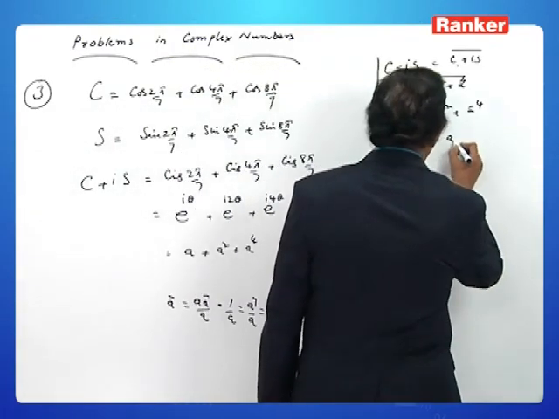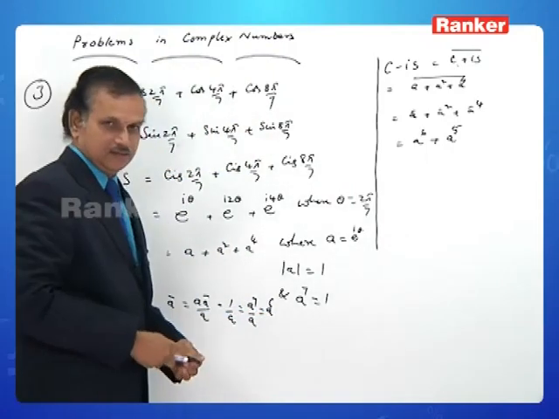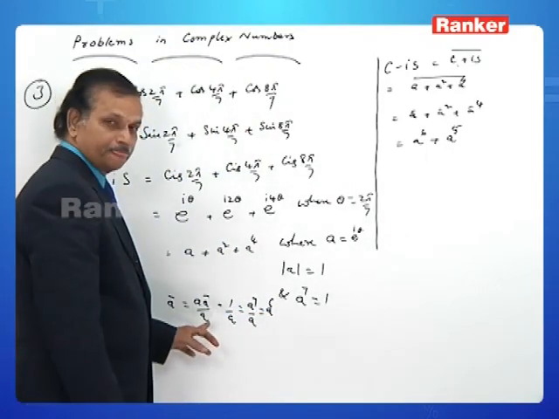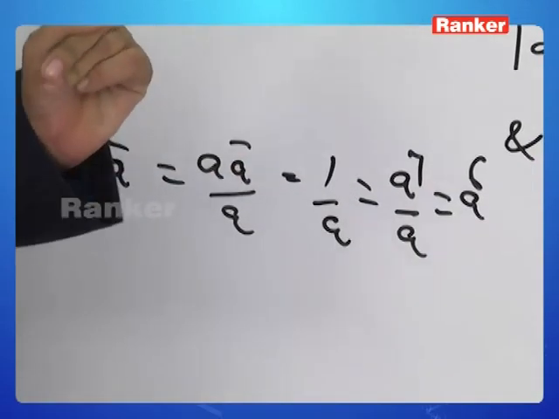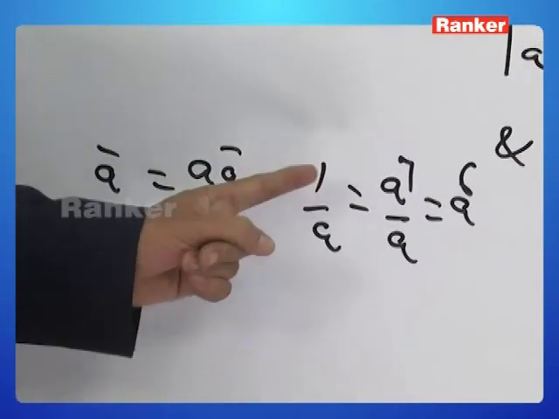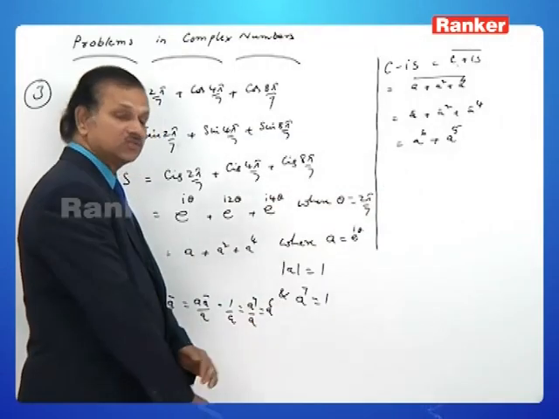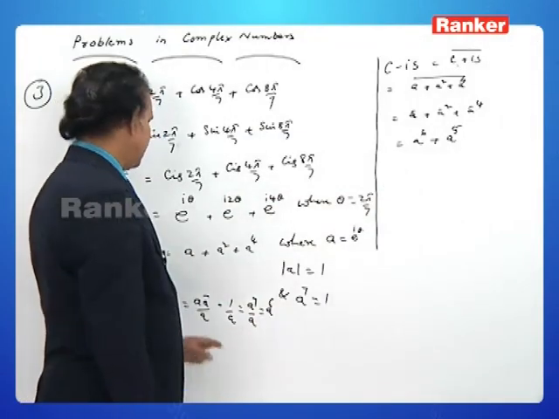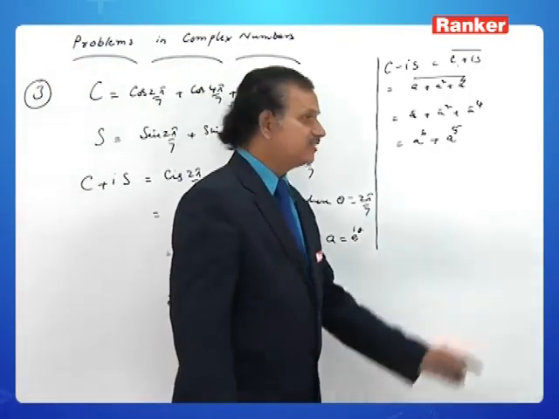Let me repeat it. What is a bar? a bar is mod a square by a. But mod a square is 1, so 1 by a. In the place of 1 we have a power 7, and a power 7 by a is a power 6. Okay, so by a bar we can replace a power 6.